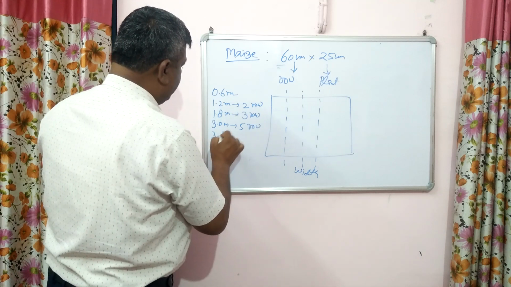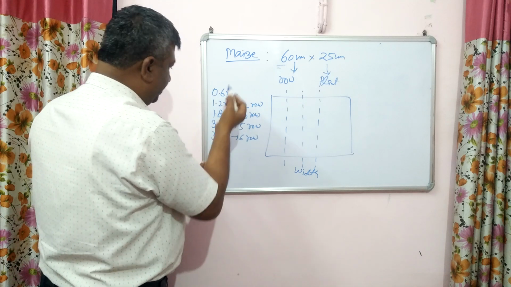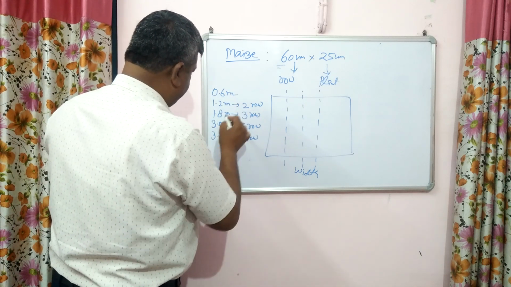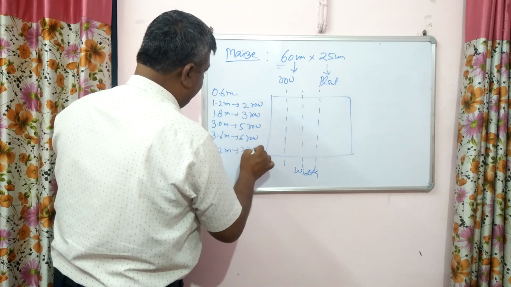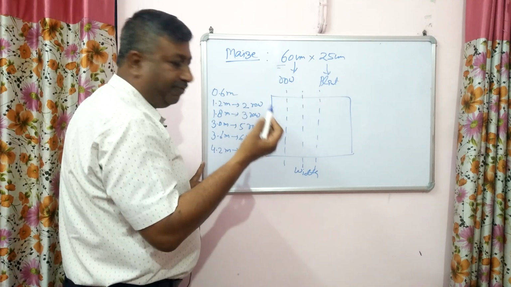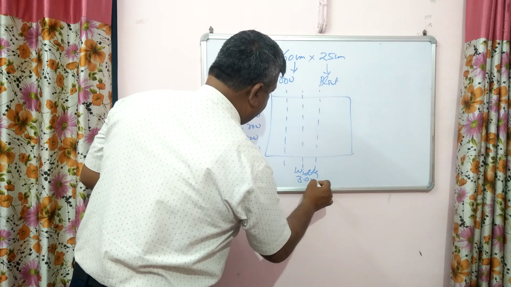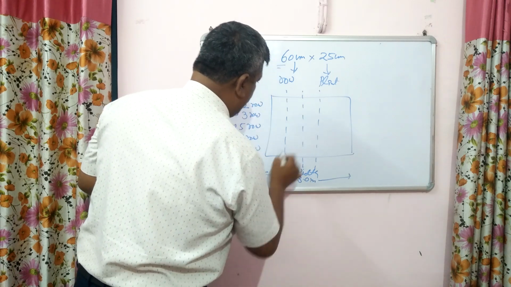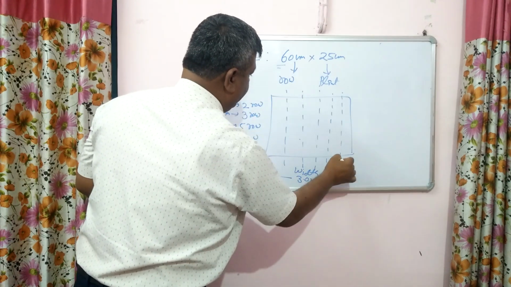If it is 3.6 meters, then we can adjust 6 rows. Or if it is 4.2 meters, then we can adjust 7 rows. Okay, suppose we have 5 rows, then it is 3 meters. So in 3 meters we can adjust the 5 rows: 1, 2, 3, 4 and thus 5.